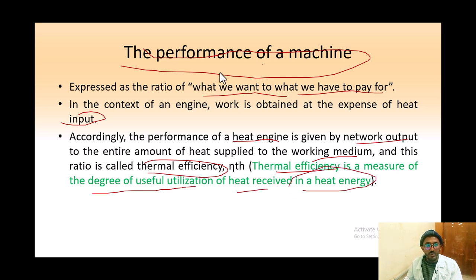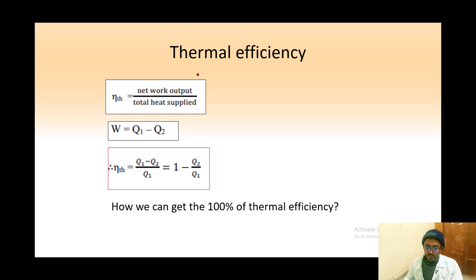Mostly when we talk about performance, there is COP, or coefficient of performance, that we will see on the next slide. This is thermal efficiency, like the net work output over total heat supplied, and we have the work done, which is Q1 minus Q2.